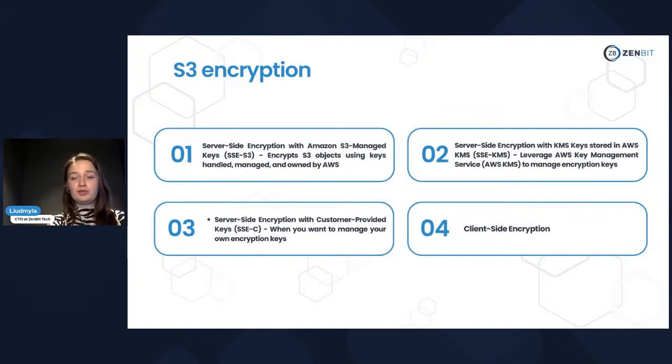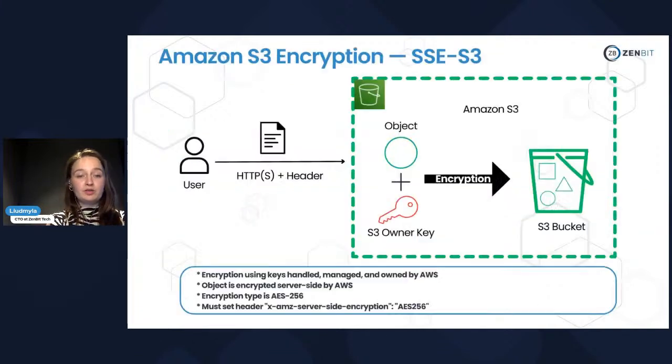The third type is server-side encryption with a customer-provided key. Very similar to KMS. You also have something by default. You can create your own, or you can upload your own. And the fourth type is client-side encryption. So let's dive deep into them and check how they work.